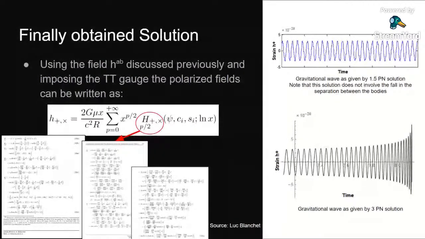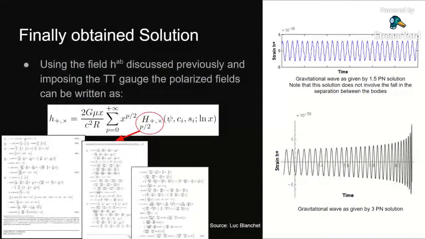In fact, at 1.5 post-Newtonian order, we don't have a decay of orbits. So if there are two bodies going around each other, they are going to go around each other eternally no matter what. But if we go one order ahead, to 2.5 order, we'll see there is a term which tells us that the orbit is going to shrink, and the bodies are going to come closer because they are emitting gravitational waves.